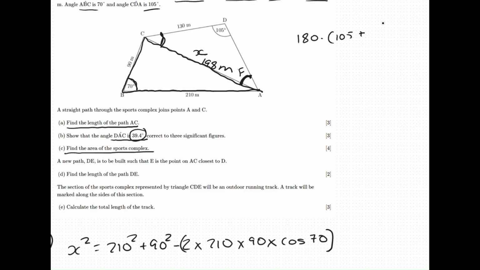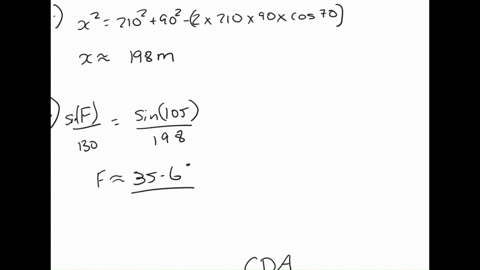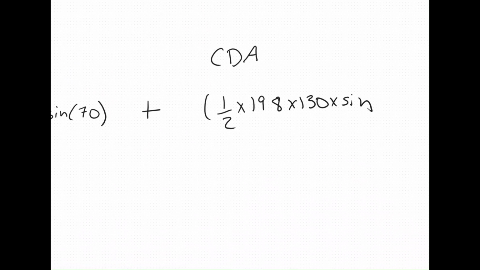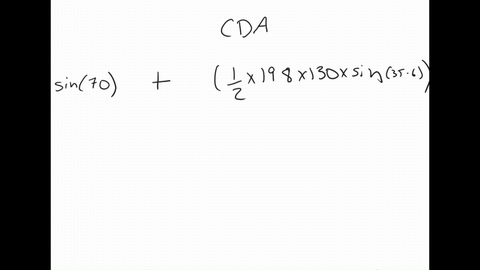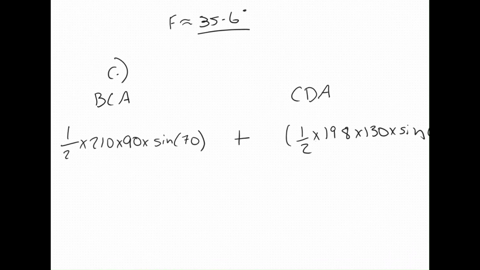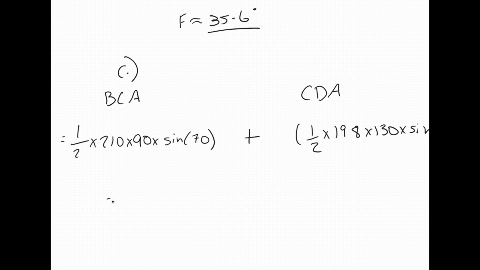Even if you mess it up before, you should be able to work it out as it gives it to you in the answer. And this would simply be 35.6. And so using that, you'd use it here, sine of 35.6. And so once you put this all into your calculator, you will get 16,400 meters squared approximately.